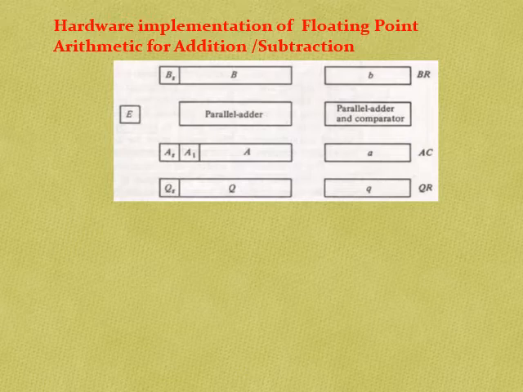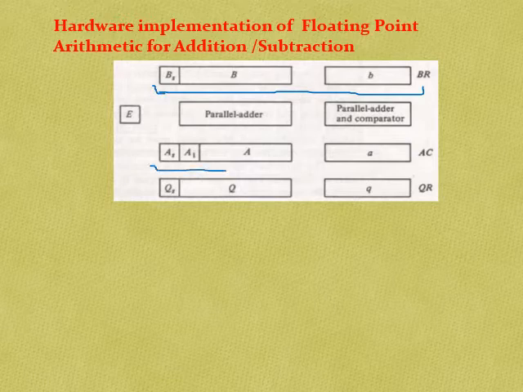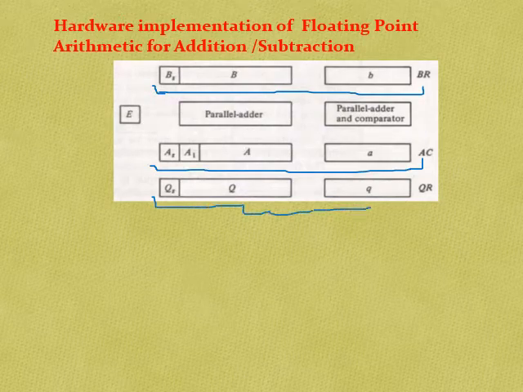First of all, let's make clear that from here to here is one register. Similarly, from here to here is another register, and the last one is from here to here.